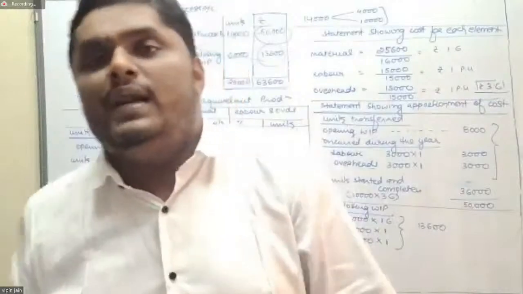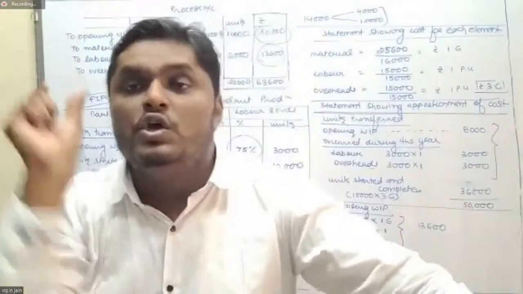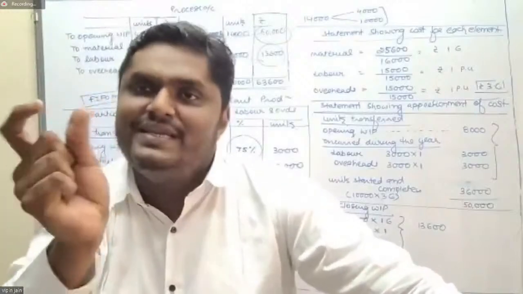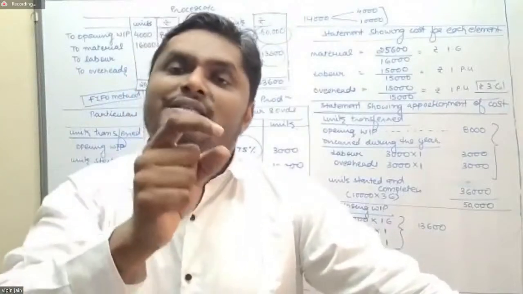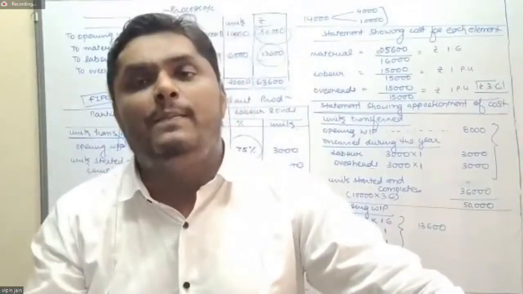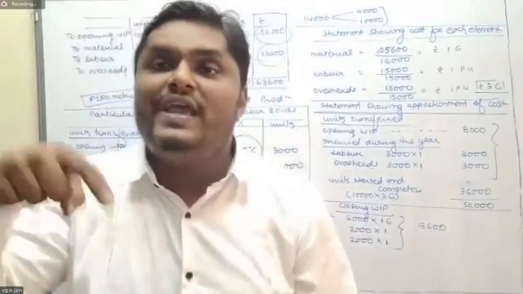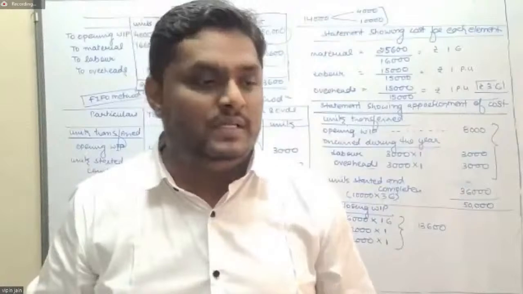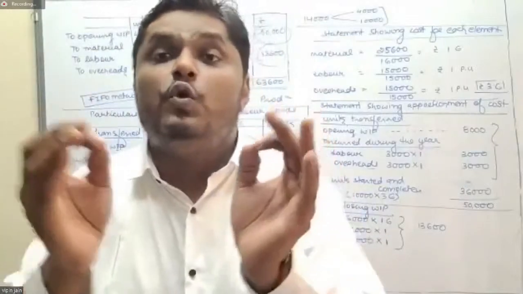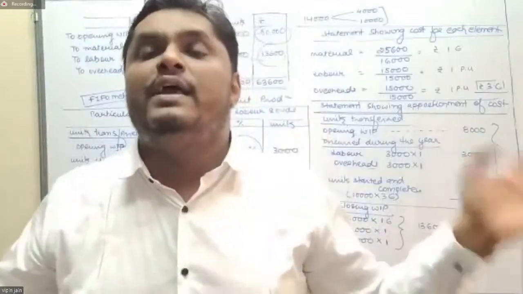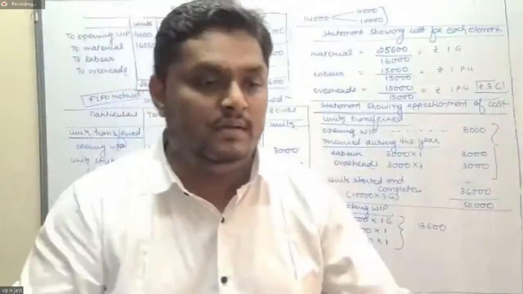Similarly, in case of labor and overhead, let's say 75% work was already completed last year. So we will complete the balance work this year, that is 25%. So if it is given that 75% work is already completed in case of labor and overhead, it means in this year we have to complete the remaining 25%. So Rohan Jain, if it is given in the question that 90% opening work in progress is completed, it means this year we will write 10%.